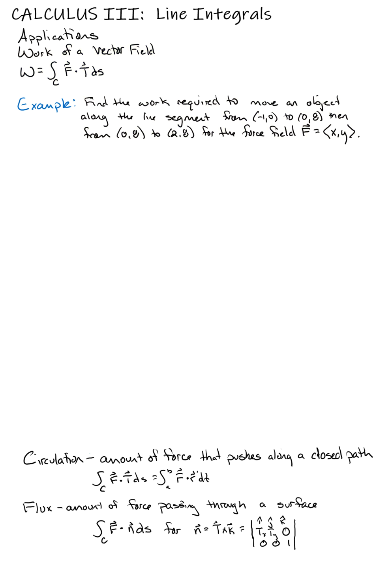So we'll first remind ourselves that work, this line integral, is the same as the regular integral from a to b of f dotted with r prime dt. So I can take a line integral and rewrite it as a regular integral.